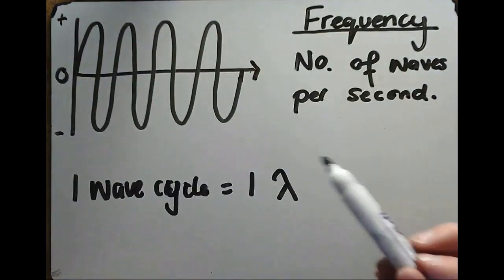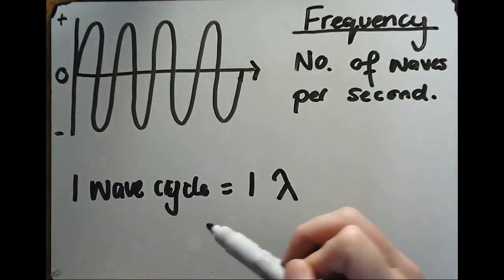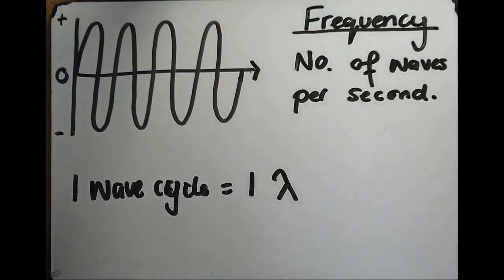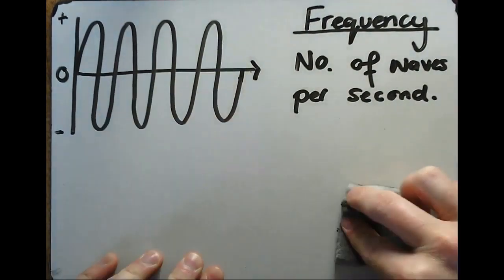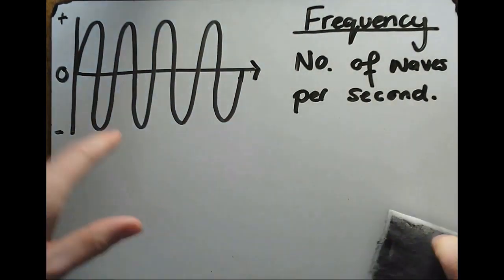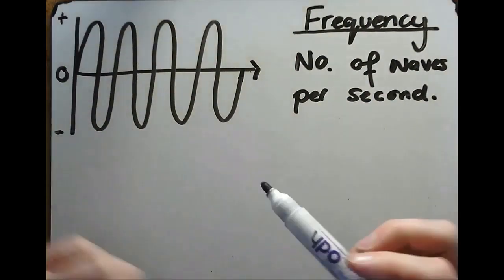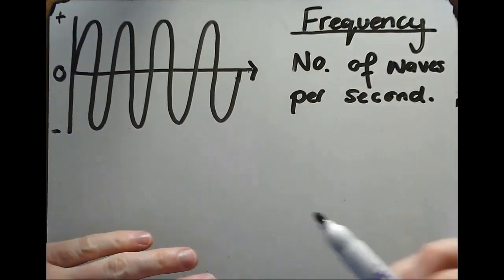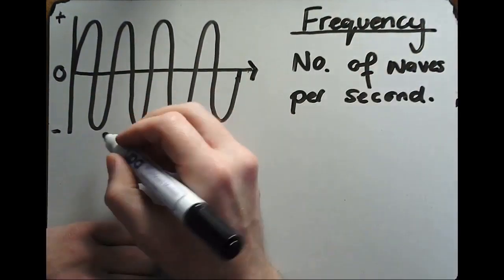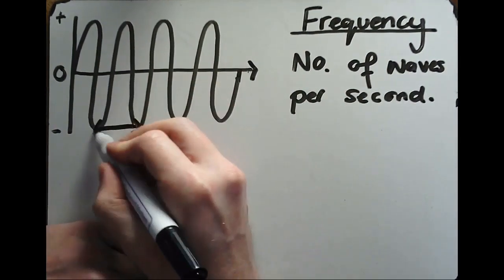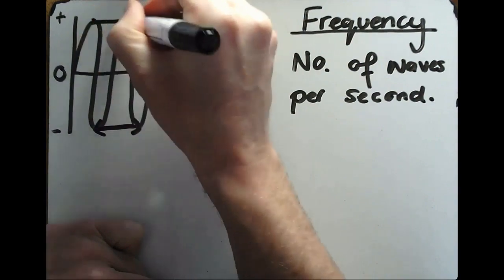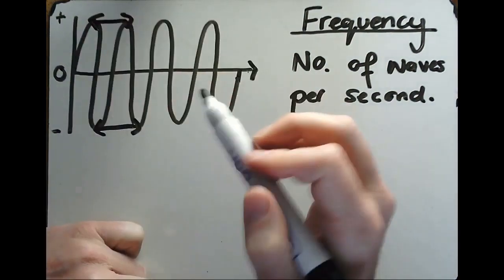So the way you find one wave cycle is to find one wavelength. In the last video, we looked at identifying the wavelength on a wave. If you can't do that, go back to video number 2, which was labeling a wave. We could find the wavelength from a peak to a peak or a trough to a trough.